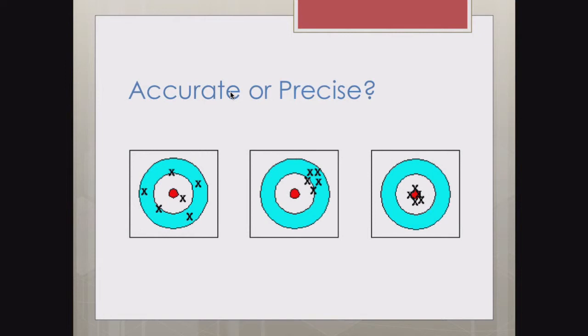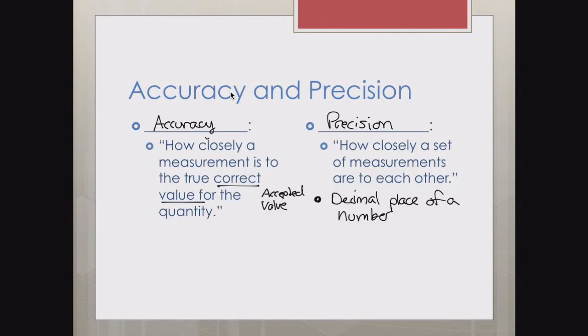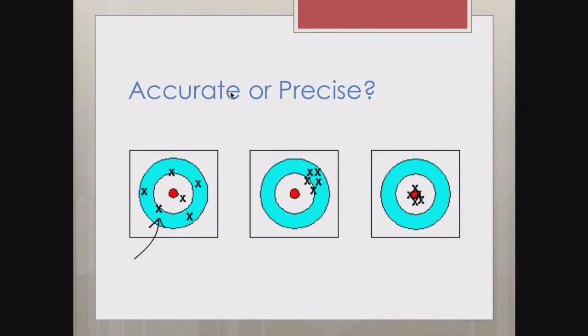First of all, these x's are not close to each other. Precision identifies how closely a set of measurements are to each other. So they're not close. And are they all near the bullseye? No, so they're not accurate, because they'd be right in the middle if they were accurate. So this is neither.